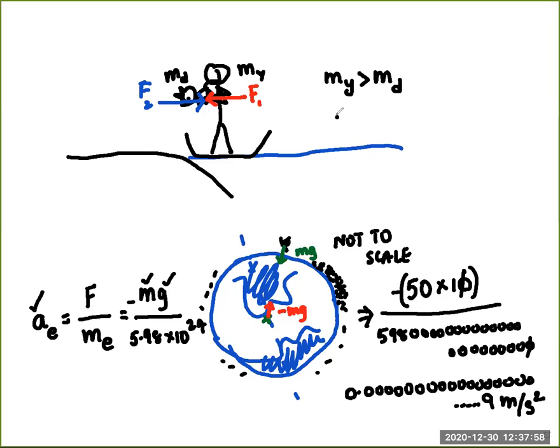Therefore, your acceleration is going to be less than the acceleration experienced by the dog. So the dog will land on the ground and your boat will go backwards.